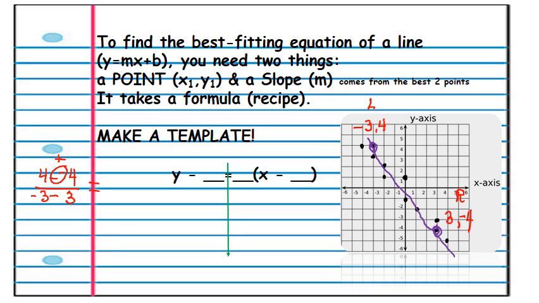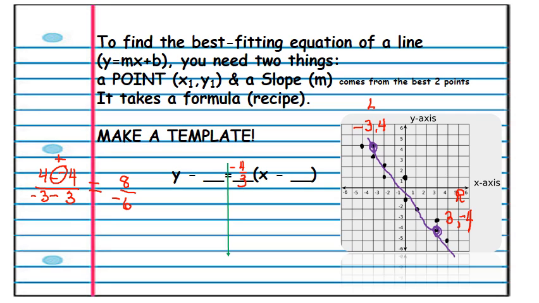So we get 8 over -6. It's going down, so it has to be a negative slope. Which, of course, divide by 2, we get -4 over 3.